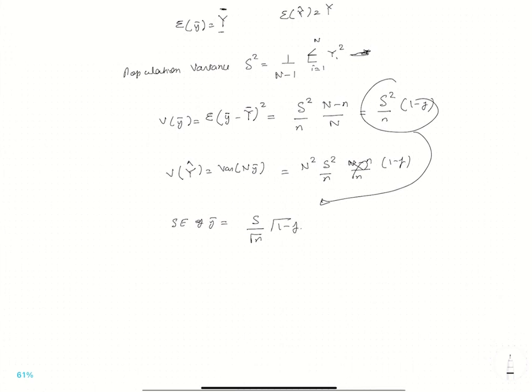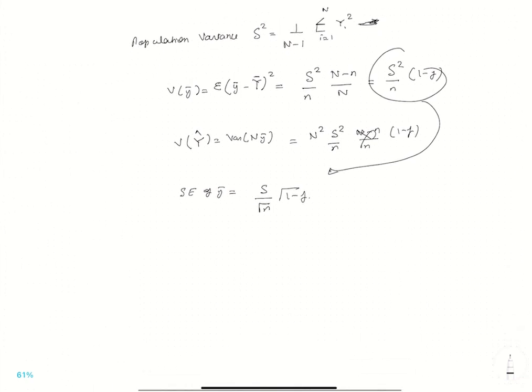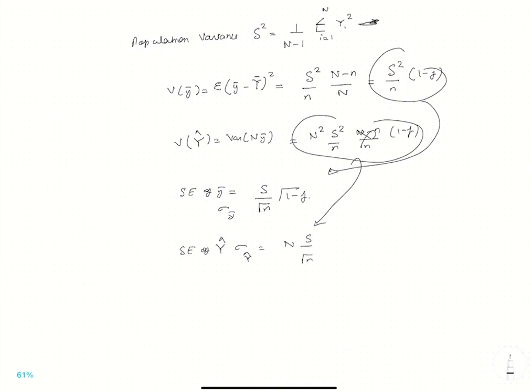This is the standard error of y bar, sigma y bar, and this is sigma y hat. Then you just take this thing and that will become N S upon root n times root of (1 minus f). So that will be the standard error of y hat.